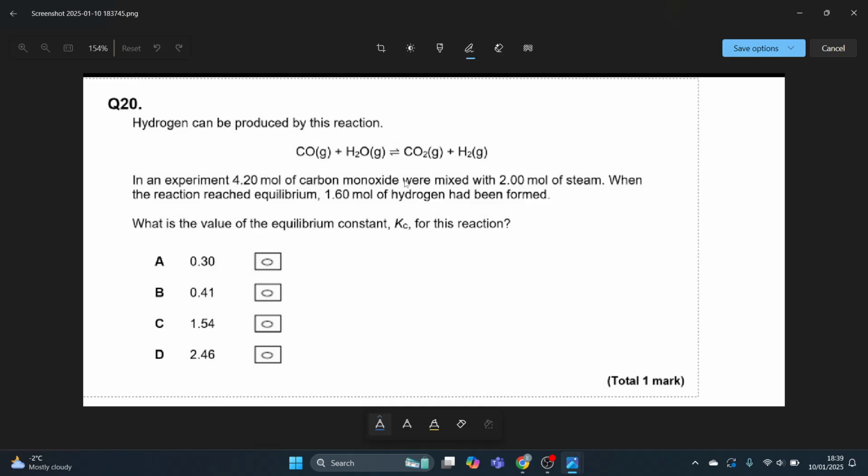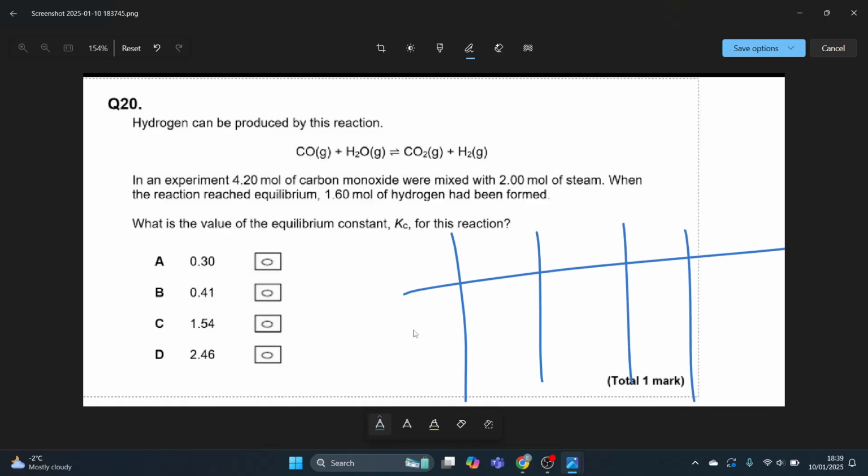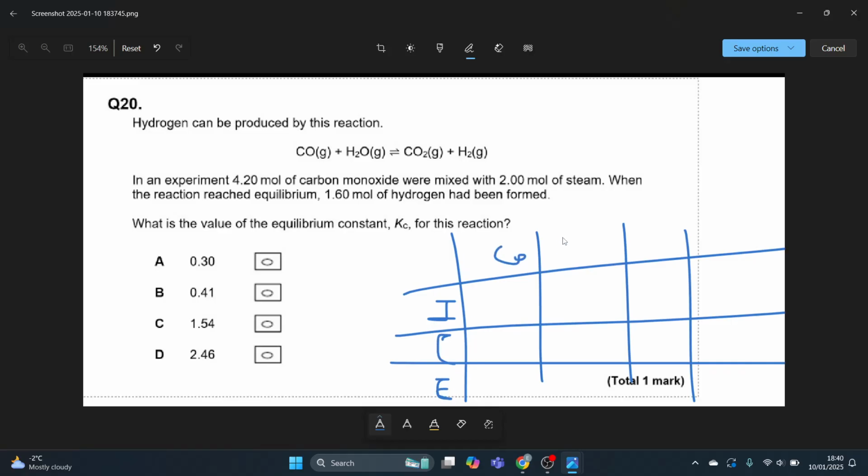Question 20, hydrogen can be produced by this reaction. What is the value of Kc? Okay. This one is a bit annoying, but it makes sense. It's not just going to be a simple substitution, because then every student would get the mark.